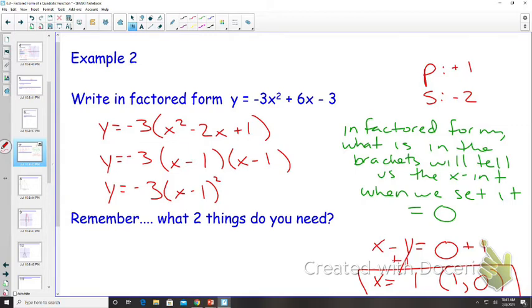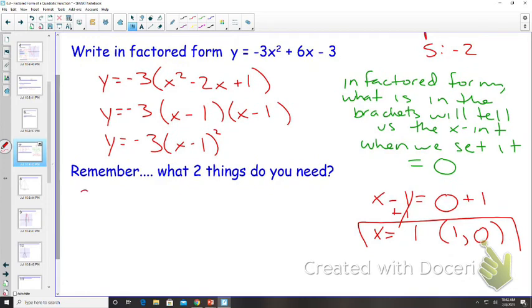Okay, and remember, what 2 things do you need to go from standard form to factored form? Value of A, and a value of your x, or 2 x-intercepts. Yeah, perfect. A value and 1 or 2 x-intercepts.